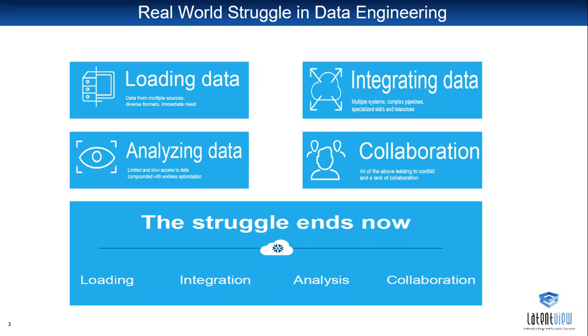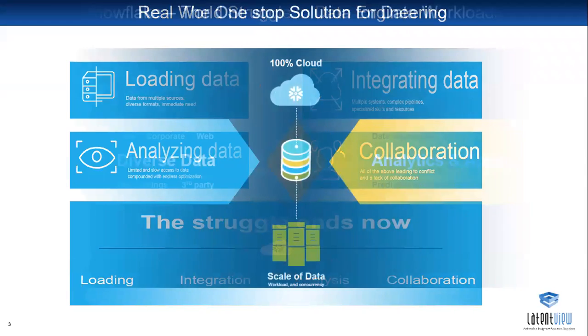That is the game-changing feature which Snowflake has given, and it's completely a cloud data warehouse as a service. We have platform as a service and infrastructure as a service in the cloud. This is a data warehouse as a service which provides you the capability of loading, integrating, analyzing, and also collaborating on data. So that is how Snowflake helps you.